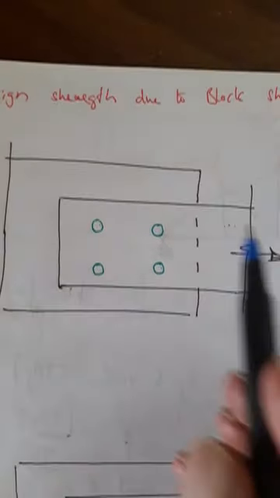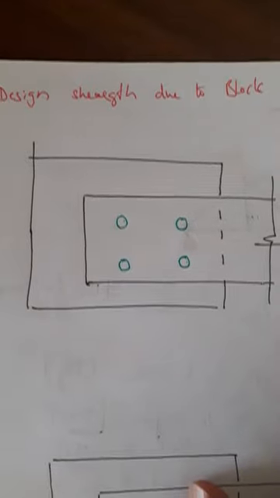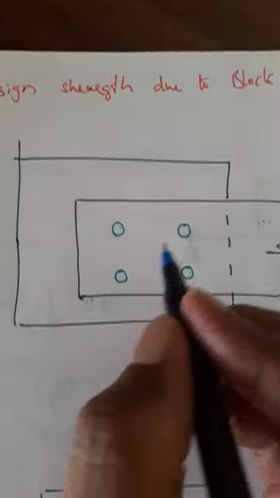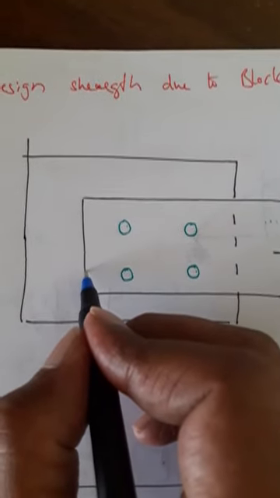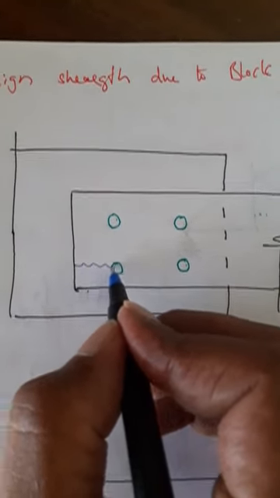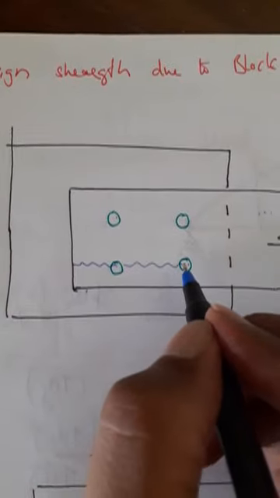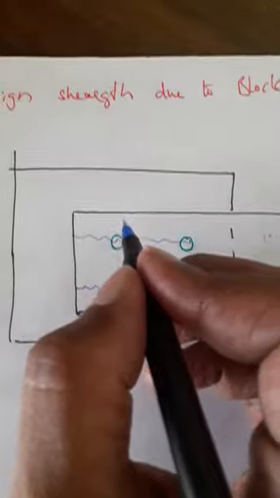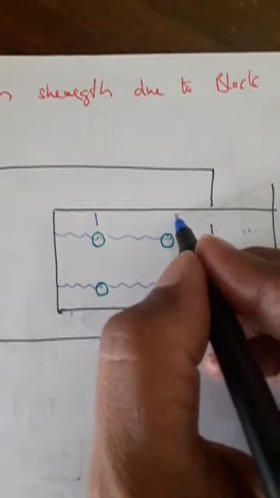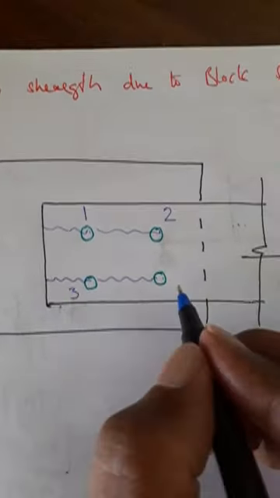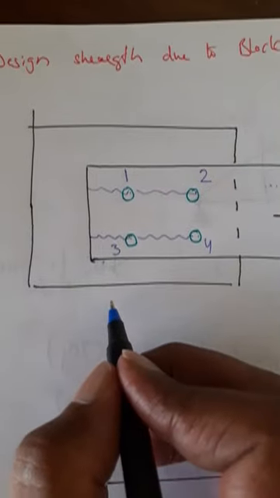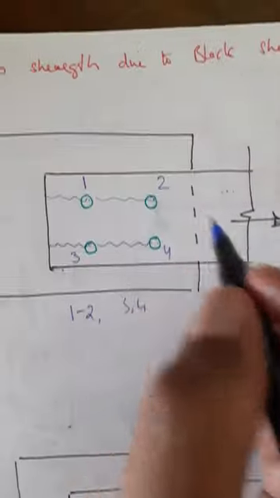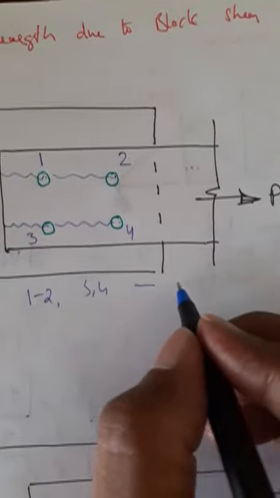Now let us consider this example. Let me give you the names. Let this be 1, 2, 3 and 4. Lines 1-2 and 3-4 will be in shear.